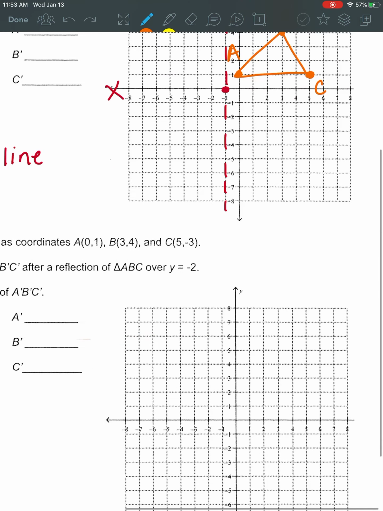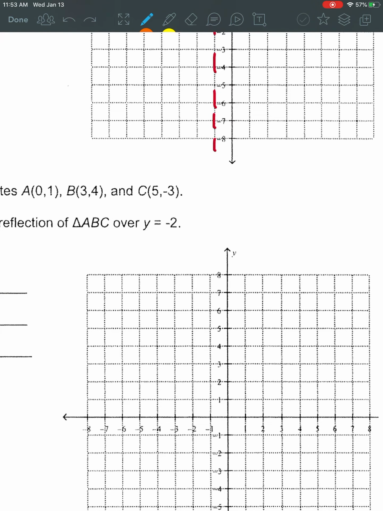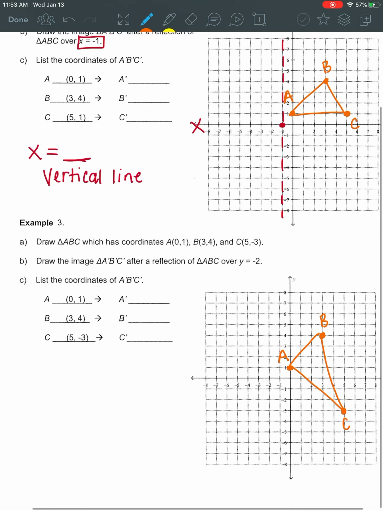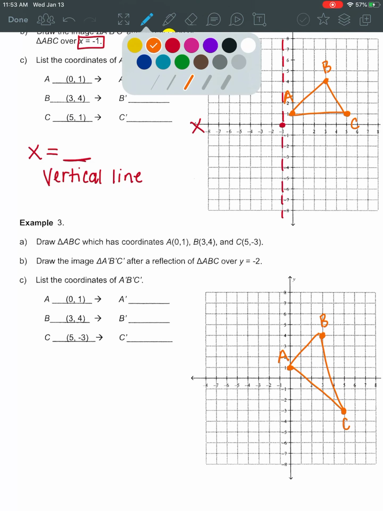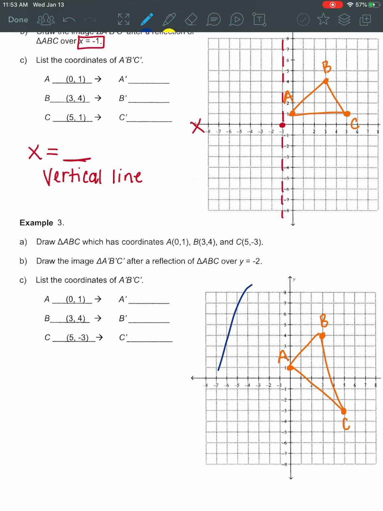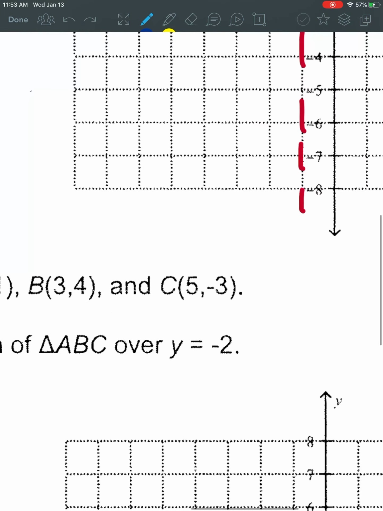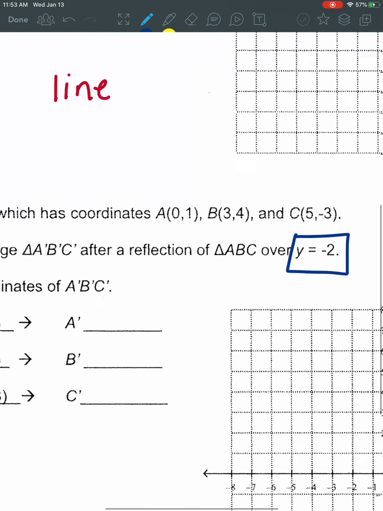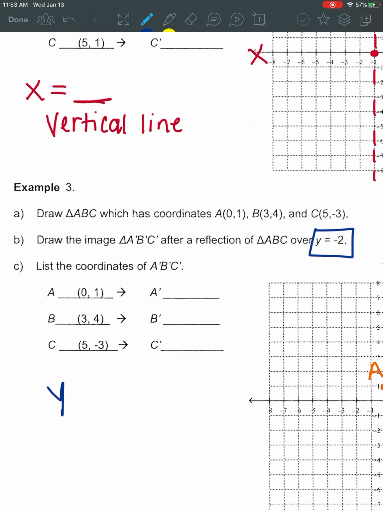Okay? Now, the next one, again, they're close, not the same 3 ordered pairs. 0, 1, A is the same, B is the same, but now C is 5, negative 3. So again, first you will draw the pre-image, but in this scenario, we are reflecting over y equals negative 2.